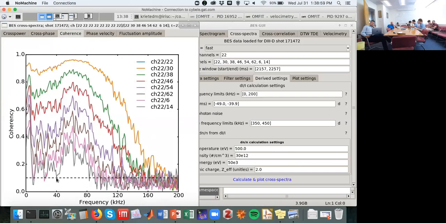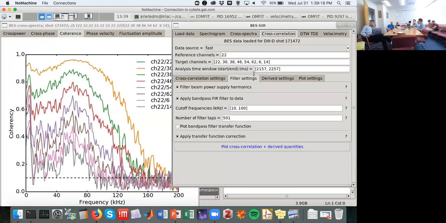This one's coherent from about 40 kilohertz up to say 90 kilohertz. So I'll use 40 to 90 kilohertz as my frequency range for the cross correlations, accepting that it's suitable for this pair, but for the others you could probably broaden it a bit. Just be restrictive. So going back to the cross correlation tab and the filter settings, type in 40 to 90.